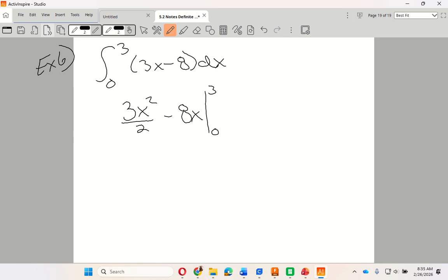All right, so top minus bottom. So that's going to be 3 squared over 2 minus 8 times 3.